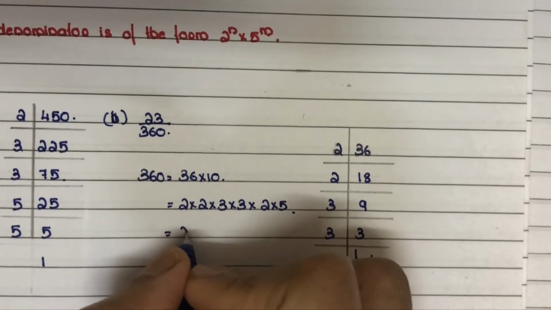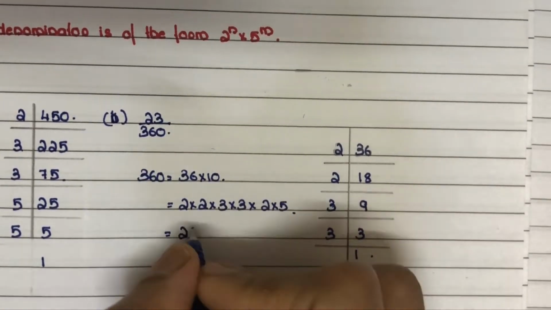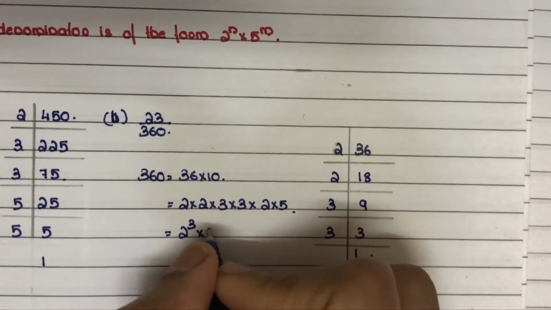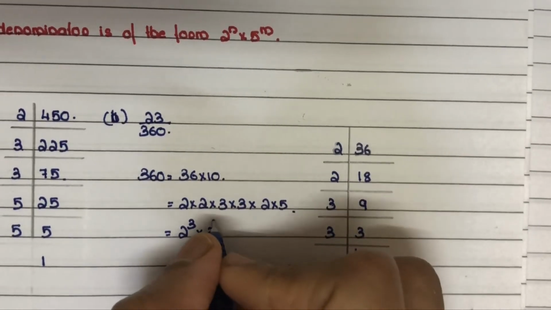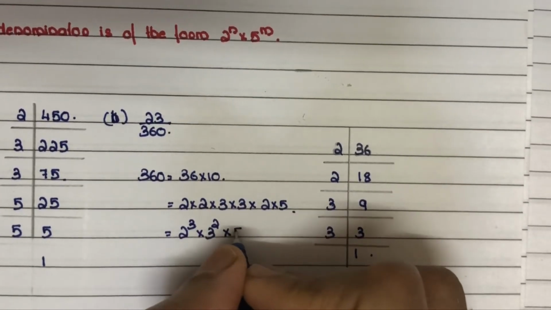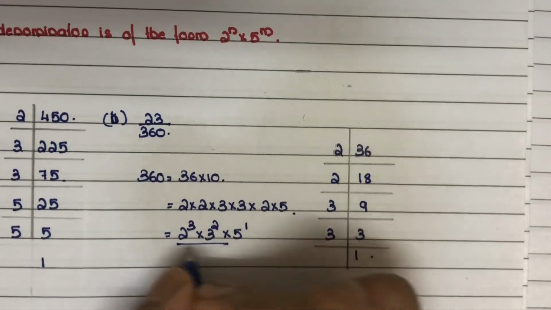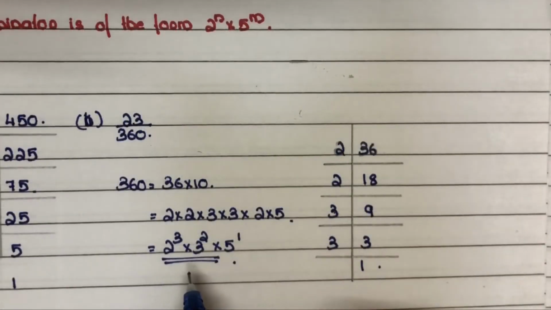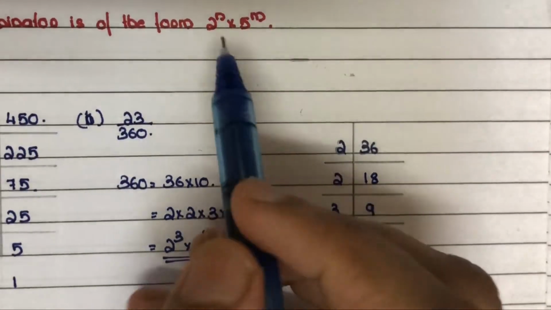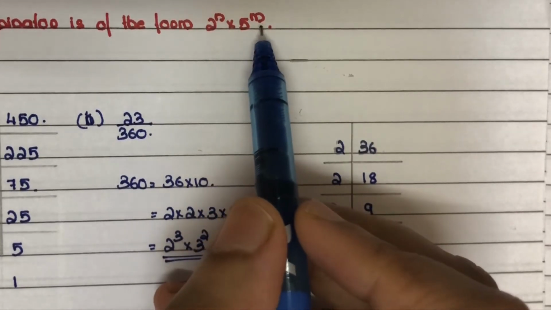That's equal to 2 raised to 3 into 3 raised to 2 into 5 raised to 1. Here also the factors are not in the form 2 raised to n into 5 raised to m.